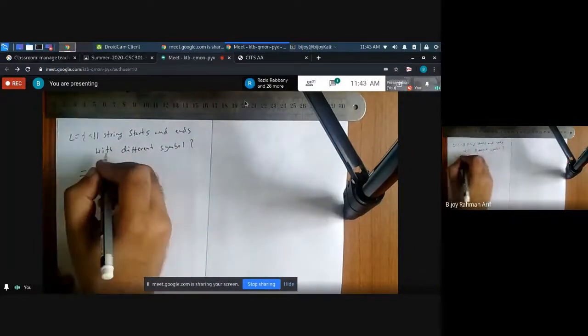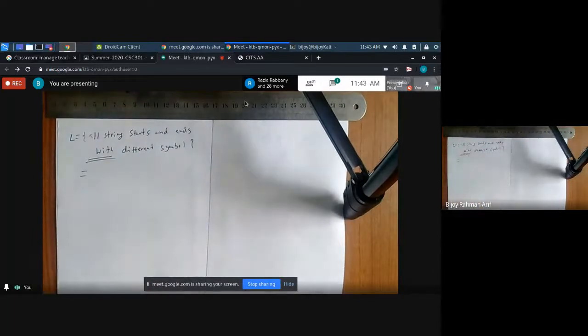How can I write this one using the union of the previous two languages?